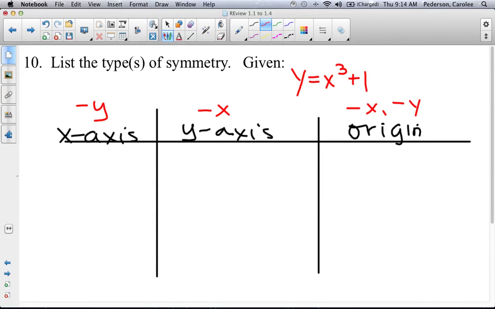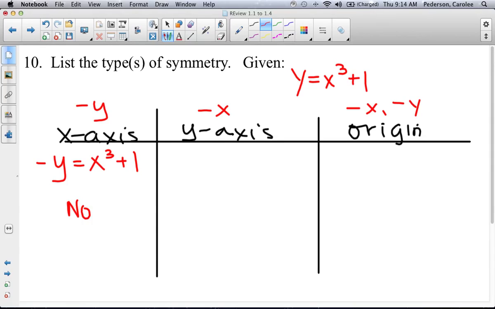Alright, so let's go ahead and do this now. So we replace the y with negative y. Do we get the original equation back? No. So do you say this has x-axis symmetry? No. Let's go over here to y-axis.